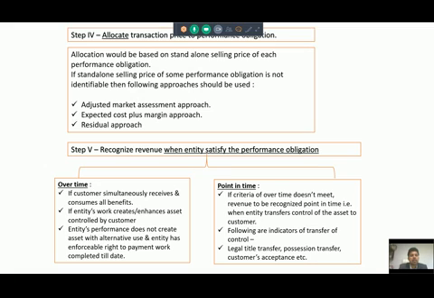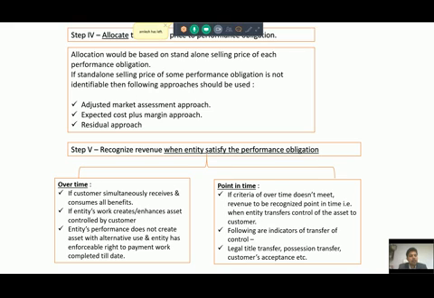If the customer simultaneously receives and consumes all the benefit, for example if you are providing a professional consultancy service, then as and when you provide the service, the customer is consuming the benefit. So this is a type of satisfying the performance obligation over time.